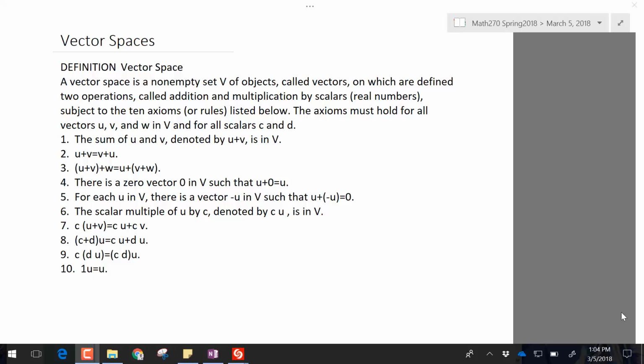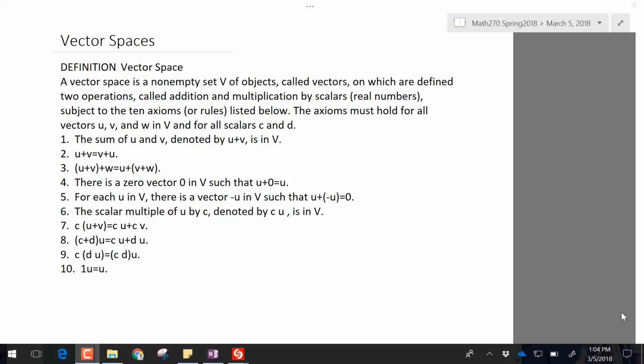Anyways, we're looking at vector spaces. And what is a vector space? So a vector space is a collection of things, a collection of objects, and we're going to call those objects vectors. And they need to have two operations embedded in there.